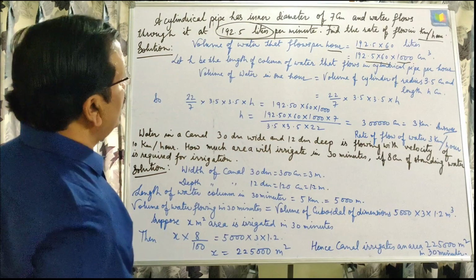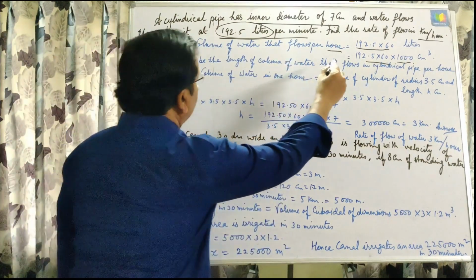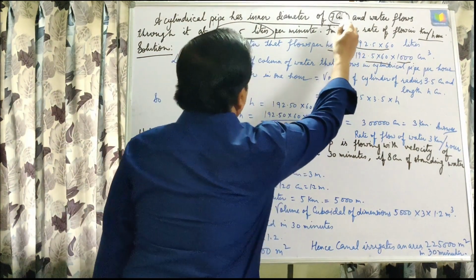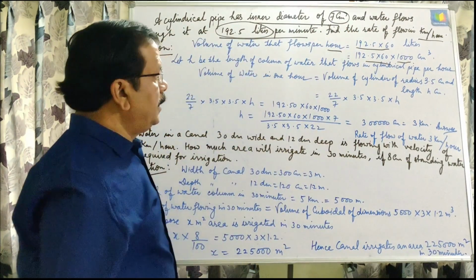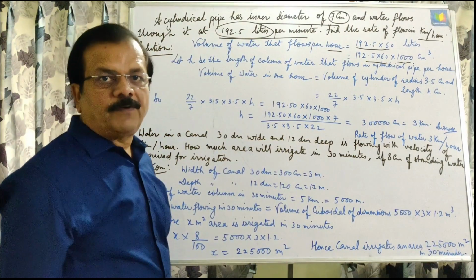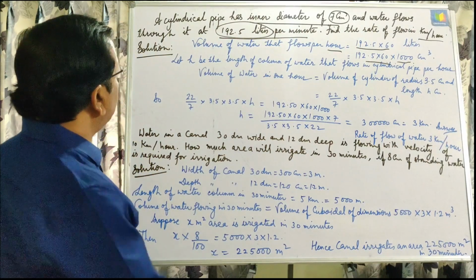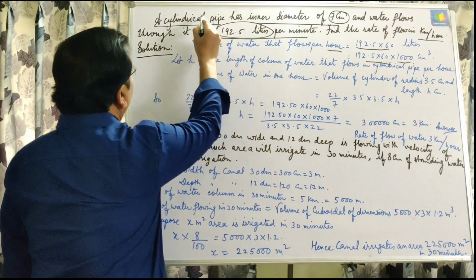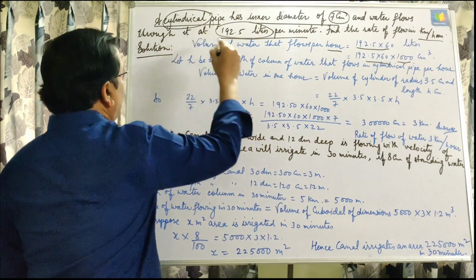Now the next thing is the dimension given here, 7 centimeter diameter, so the radius will be 3.5. Obviously this pipe is cylindrical.